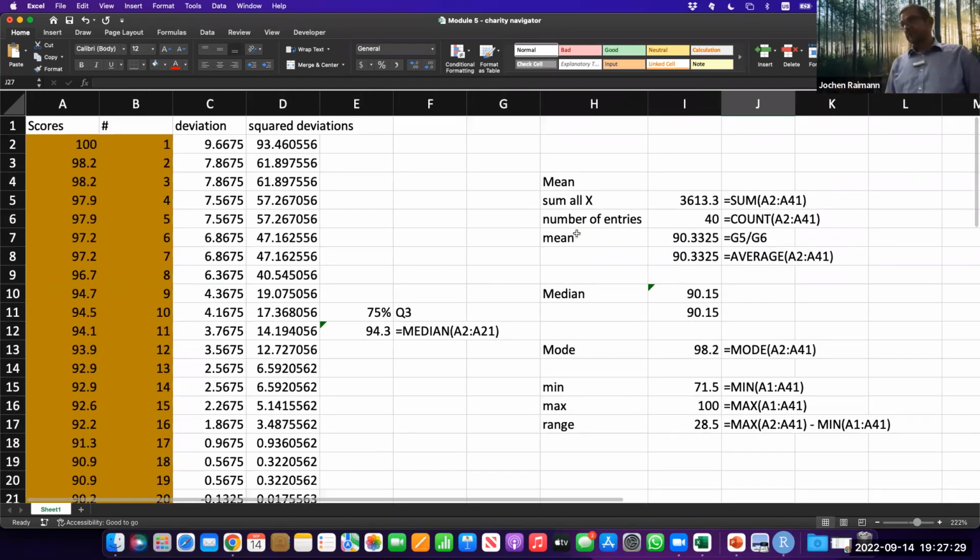Okay, any questions to anything of what we discussed? Keep in mind, we talked about the mean, that's the sum of all entries divided by the number of entries. We talked about the median, which is the 50% mark, where you split the line into 2 equal parts, greater and smaller.